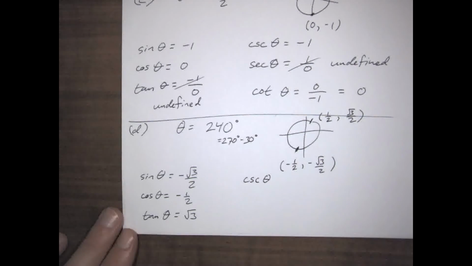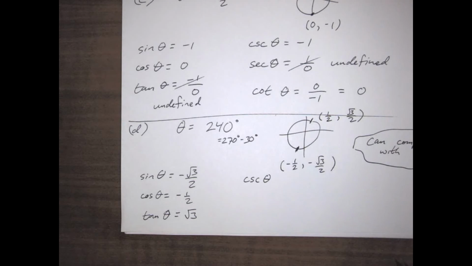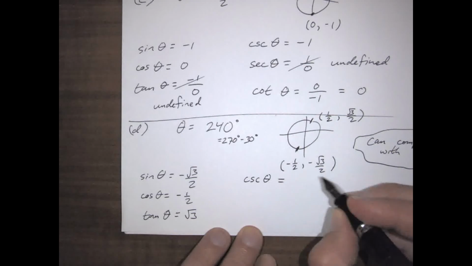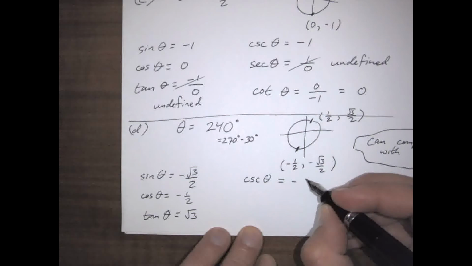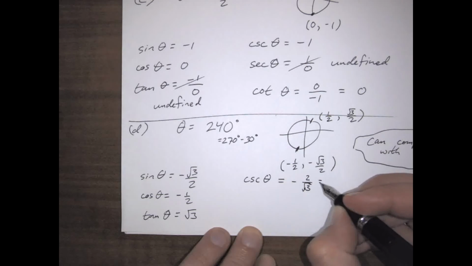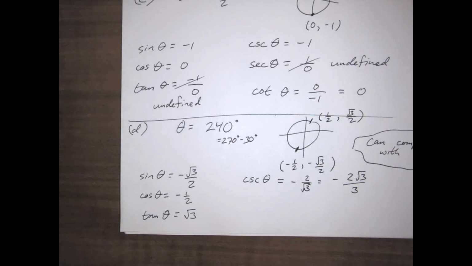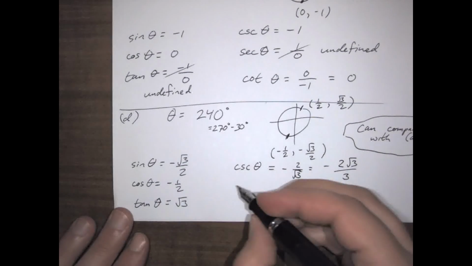Cosecant theta. So we can compare this with part A. Cosecant theta is equal to 1 over the sine, so it'd be negative 2 over root 3, and in turn we can just cut to the same chase that we got before: negative 2 root 3 over 3.